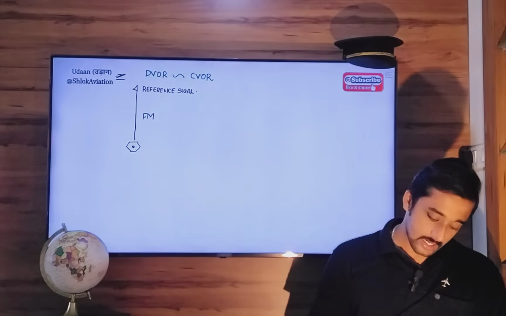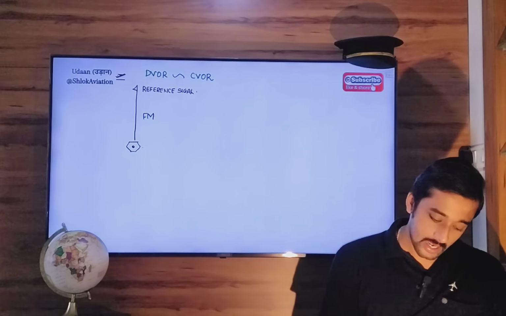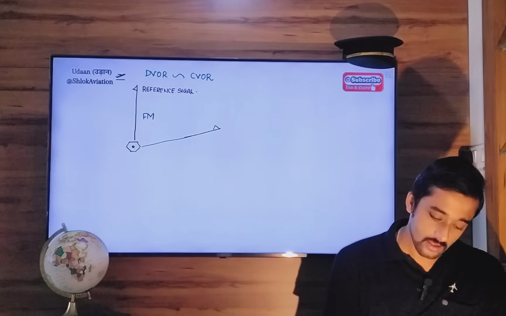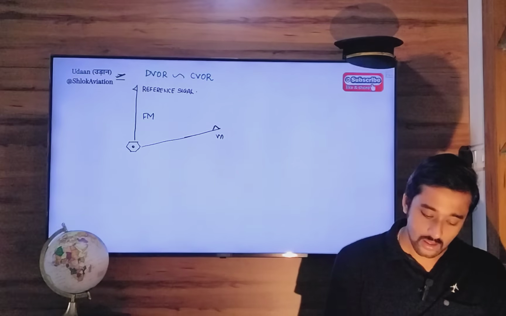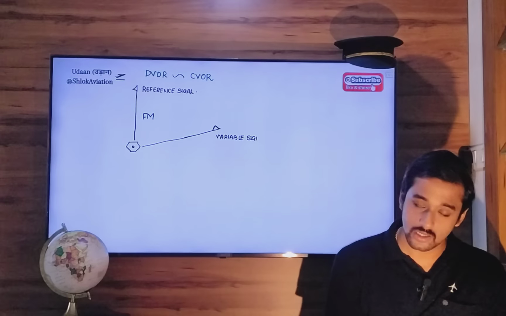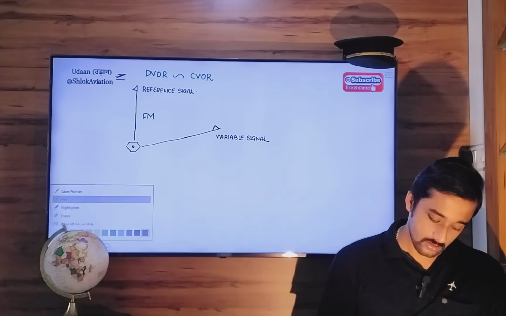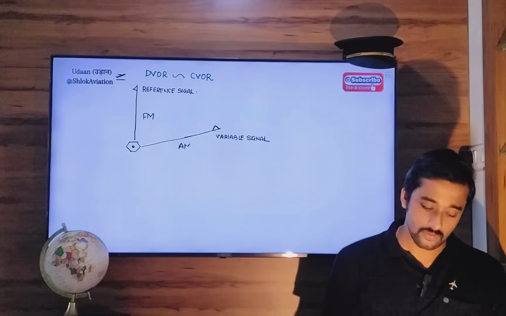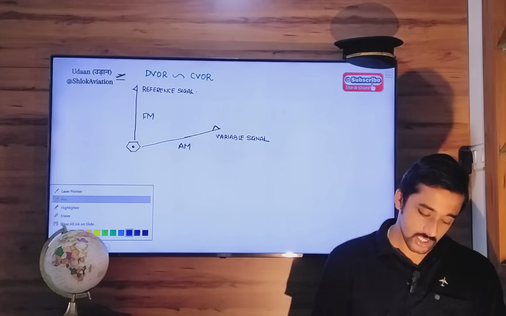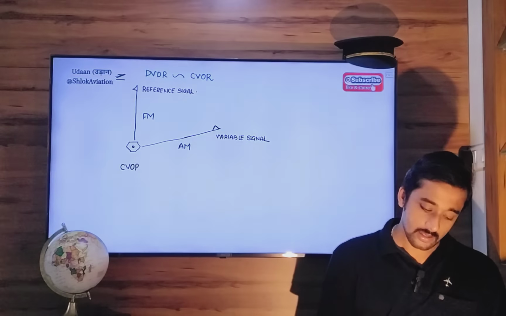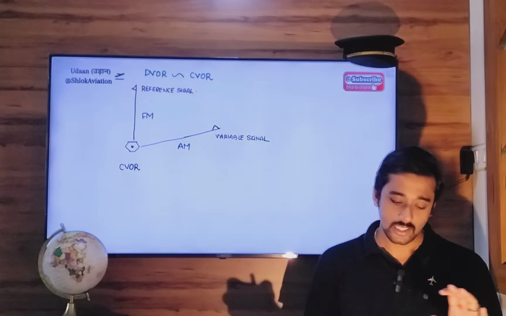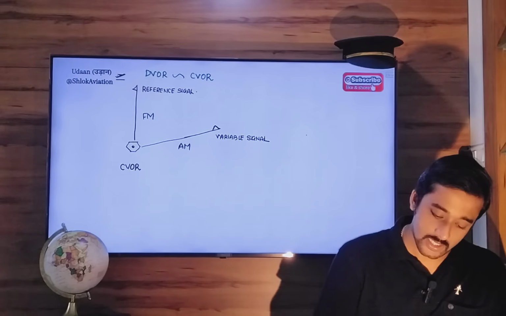That is called the variable signal, which is amplitude modulated. This is in case of conventional VOR. Now, in case of Doppler VOR, the principle of operation is the same.